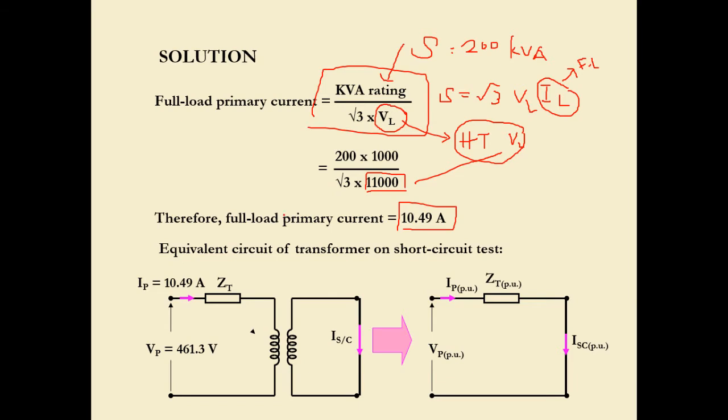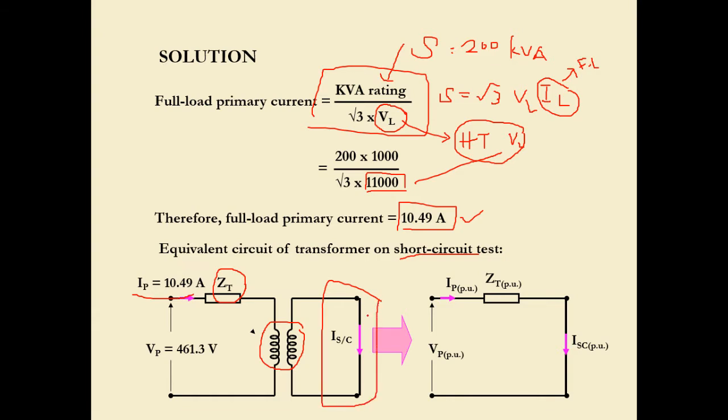All right, after we calculate the full load primary current, now we can transform it into the equivalent circuit of the transformer. Based on the short circuit test, this is I P, and this is our transformer impedance. This is the coil, and this is the secondary part where we short circuit.